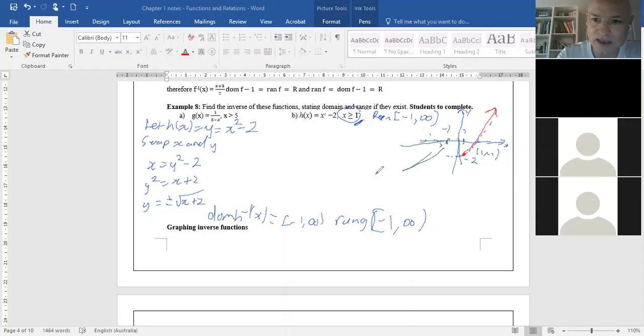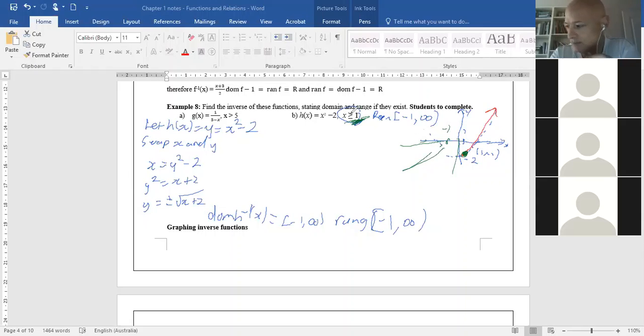So my graph is going to be down here. So I have to work out if it's the positive or the negative. From that one, the range is -1 inclusive or not? It's inclusive because of that point right there. That is the point 1, -1, and it is inclusive because x equals 1 is inclusive there.